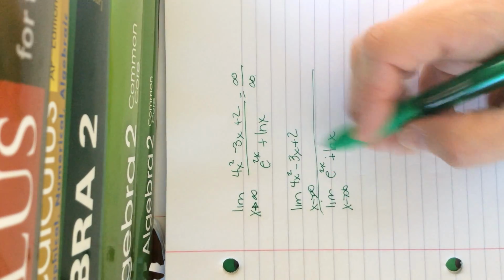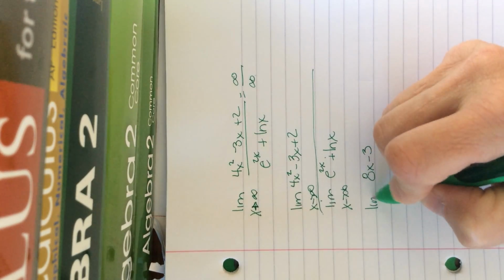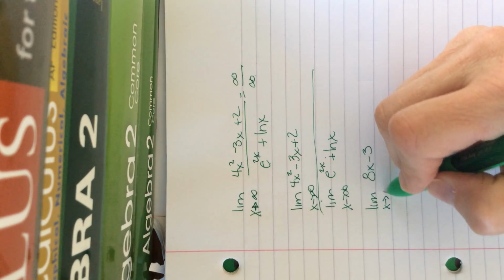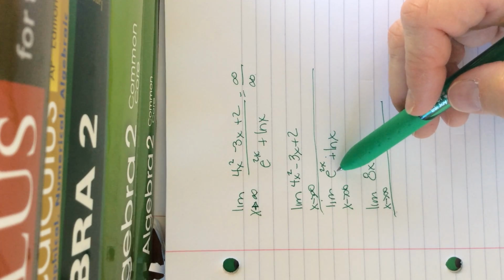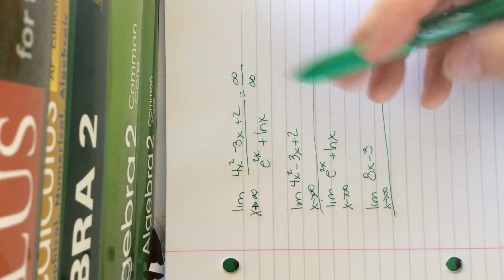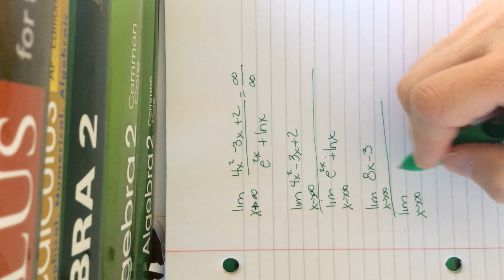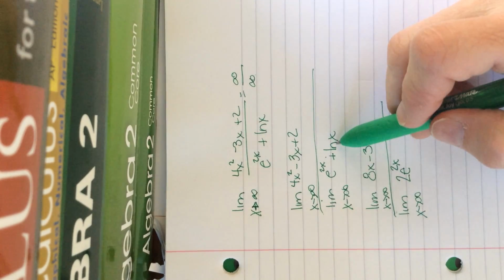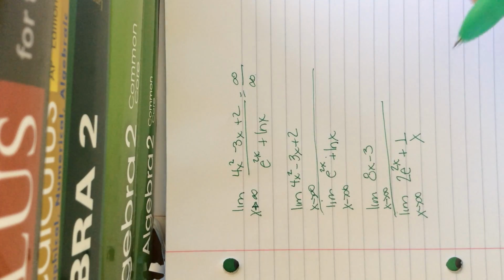The numerator is 8x minus 3, with the limit as x approaches infinity, over the derivative of e to the 2x, which is 2e to the 2x. The derivative of natural log of x is 1 over x.